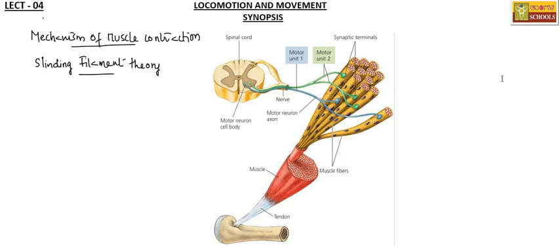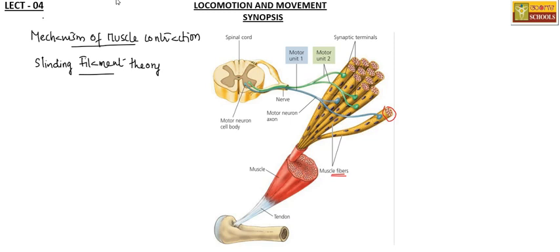So here I am showing you the picture where the motor neuron forms the synapse with the muscle fibers. So these are the muscle fibers. This is one muscle fiber, this is another muscle fiber, and we know all these muscle fibers together form the fascicle.